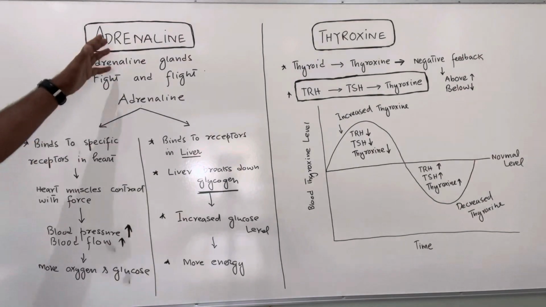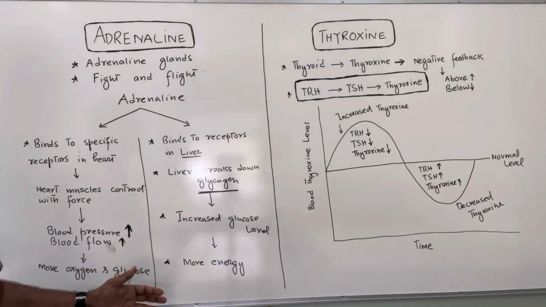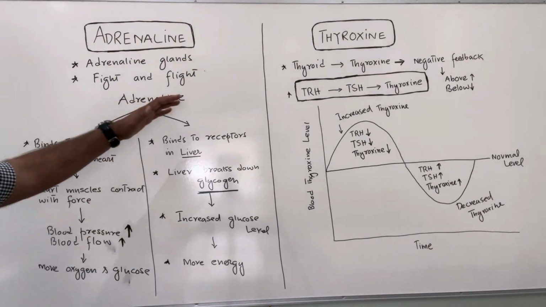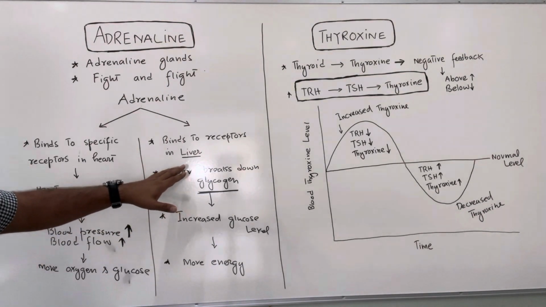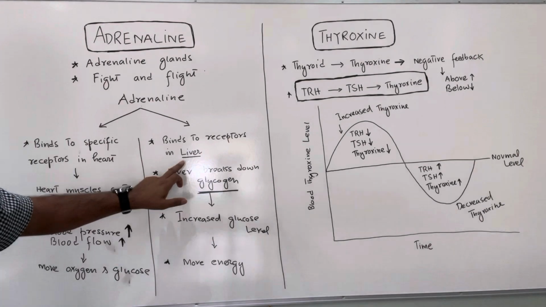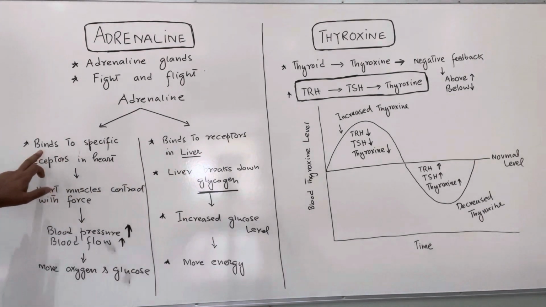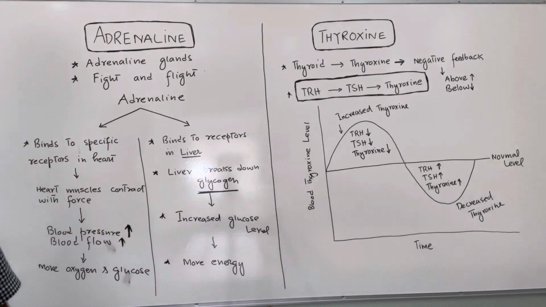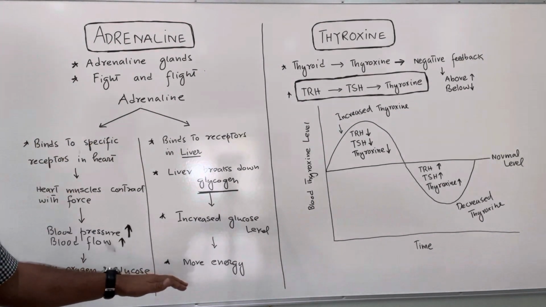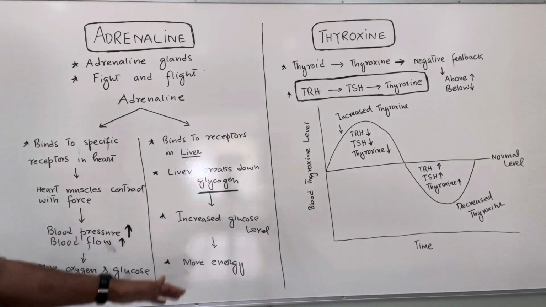So this way adrenaline produces a response of fight or flight by binding itself to receptors in the liver and to receptors in our heart, increasing heart rate and increasing the glucose level in blood.